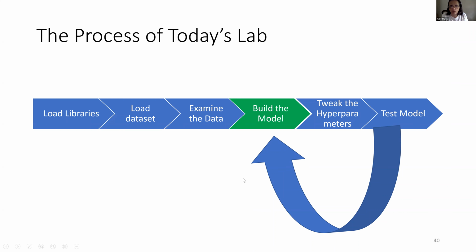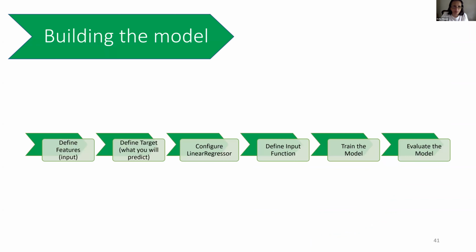After that, we can go back to the drawing board and build the model again based on whatever adjustments we needed to make. These are the steps of model building: define the features, define the target, configure the linear regression, define the input function, train the model, and then evaluate the model.